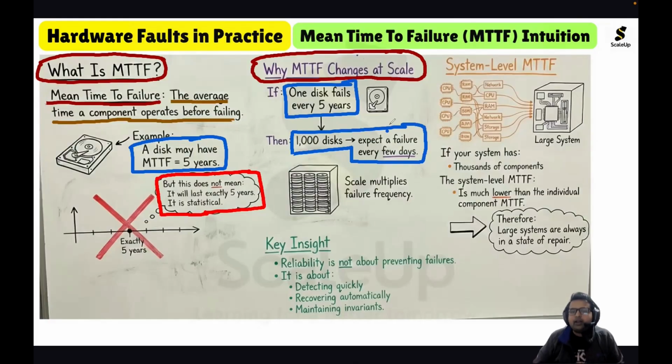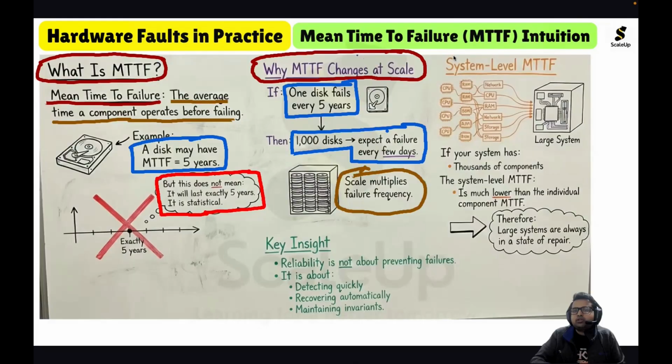Let us suppose I have disks with an MTTF of 5 years, and if I'm using thousands of those disks, we see them failing every few days. And that is what happens when we scale the system. It's a reality that when we scale the system, it multiplies failure frequency.